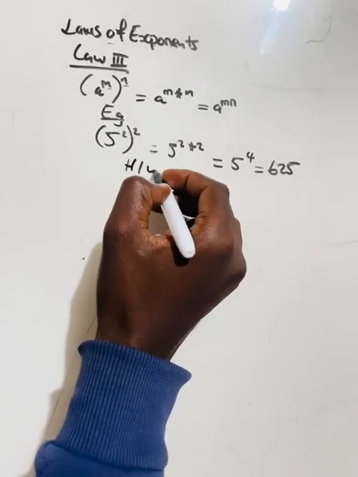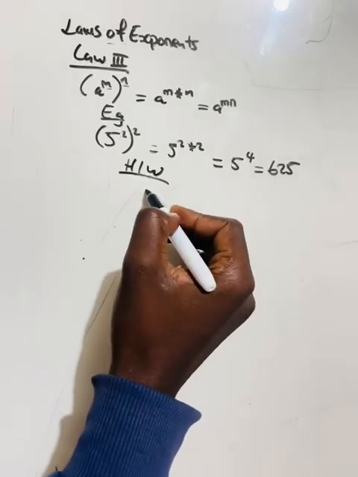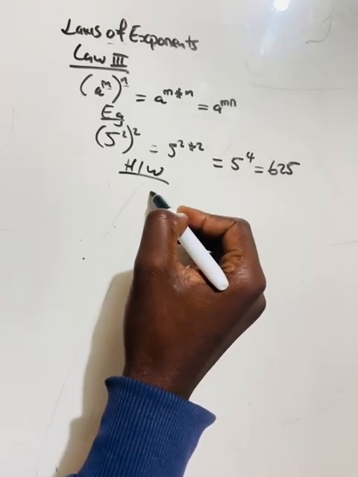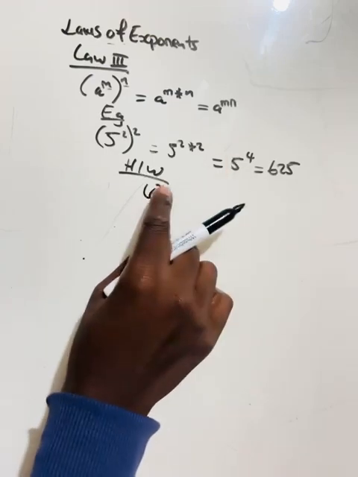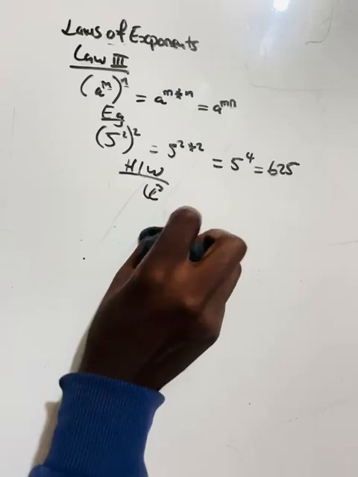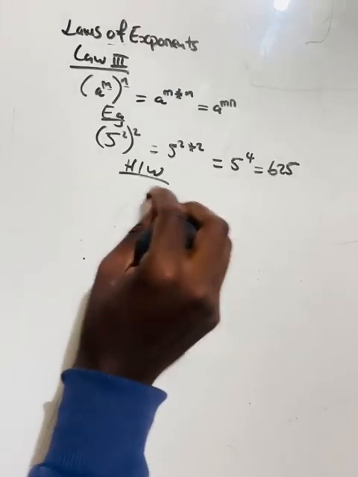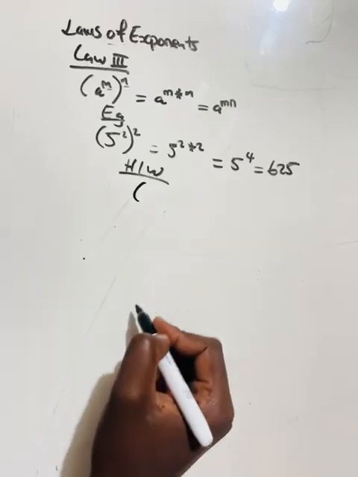Here's your homework. If you're to be given c to the power 3, but my handwriting here, it has disappointed me. So let's use letters that I can actually write legibly.